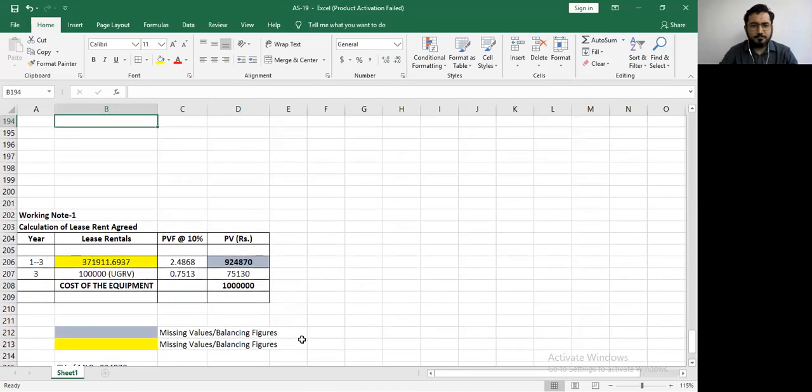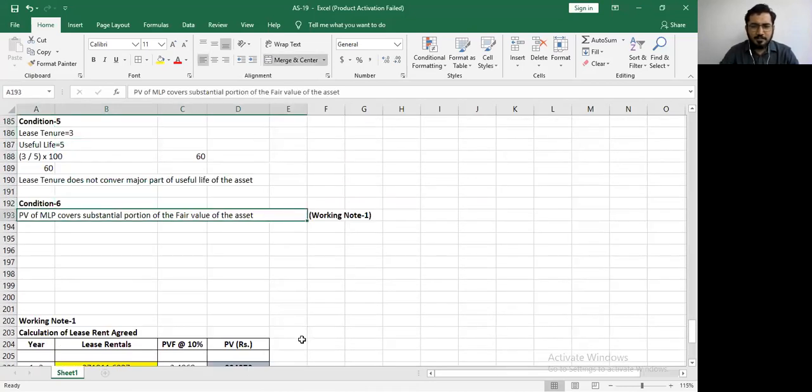Yes or no? Yes, it does. So I'm writing over here, present value of MLP covers substantial portion of the fair value of the asset. I'm writing in brackets, that is 92.487%.